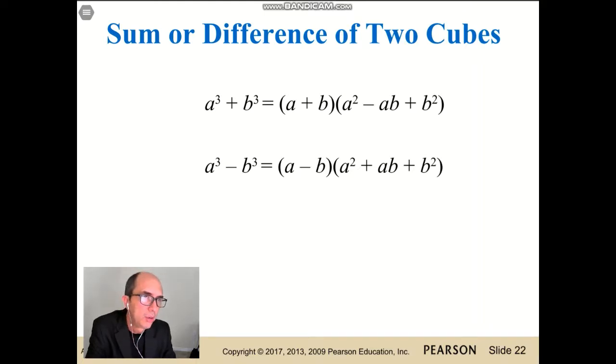And if we have a cubed minus b cubed, then it is going to be equal to parenthesis a minus b, close parenthesis, open parenthesis again, a squared plus ab plus b squared, close parenthesis again. So this is what you need to remember. You need to compare to factor out sum or difference of two cubes.